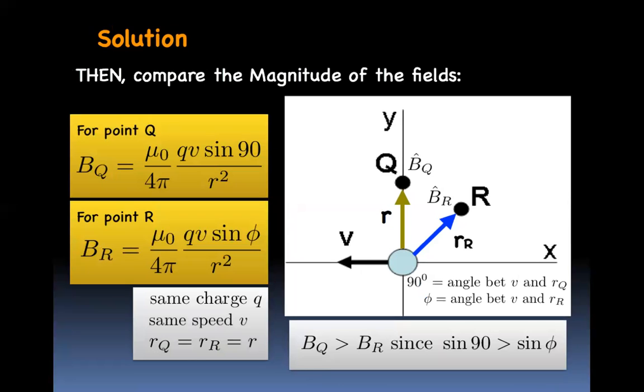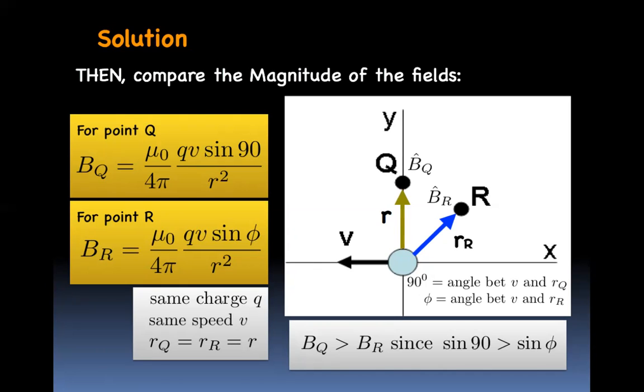Then we compare the magnitude of the fields produced at both points. For point Q, the magnetic field is equal to mu naught divided by 4 pi times QV sine 90 degrees divided by r squared, since point Q is located exactly perpendicular to the velocity, which is to the left.